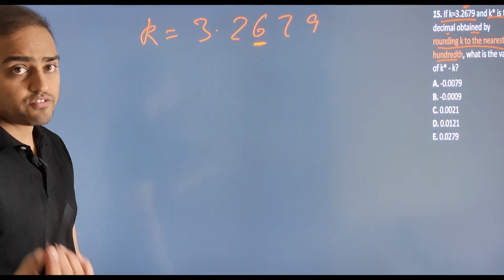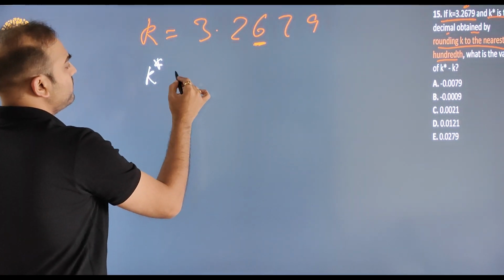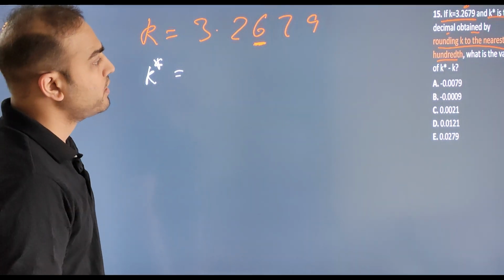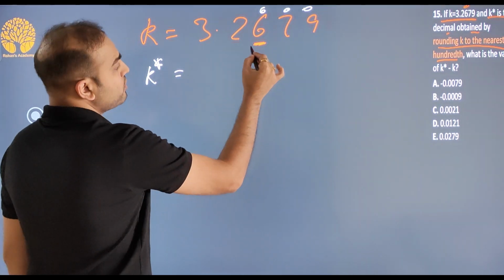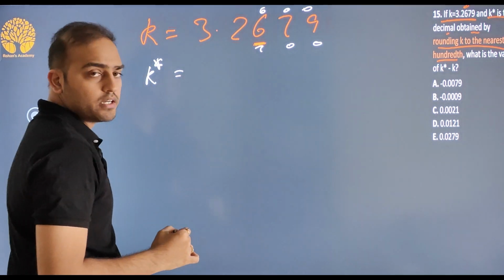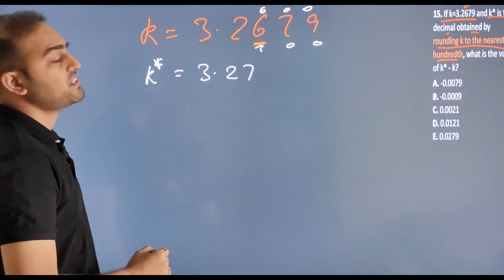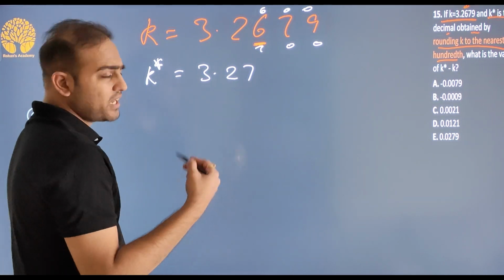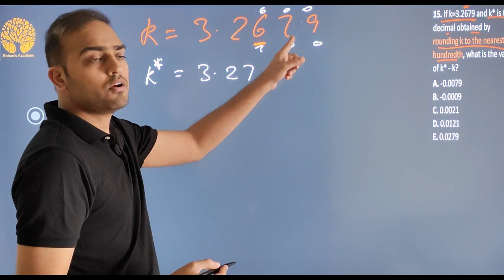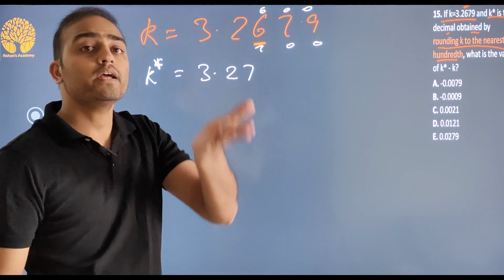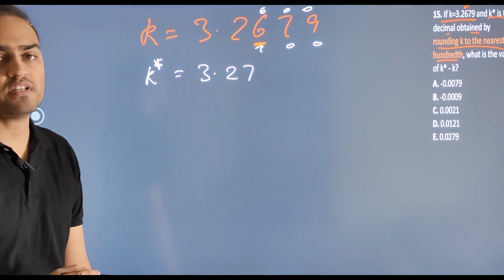Now if you're rounding off here, k star will be, the lower limit will be 3.26 and the upper limit will be 3.27. So when I round off, this will become 3.27. Or else, don't focus on this 9, just look at this 7. What will 7 do to 6? It will round it up. So this is 3.27.